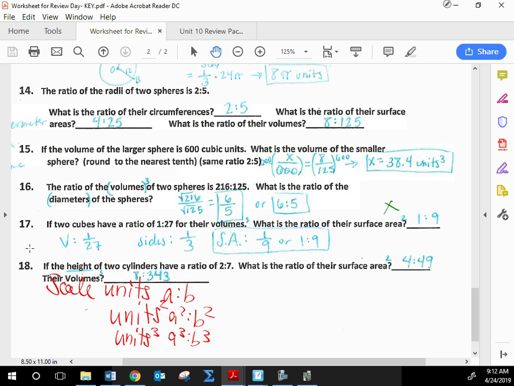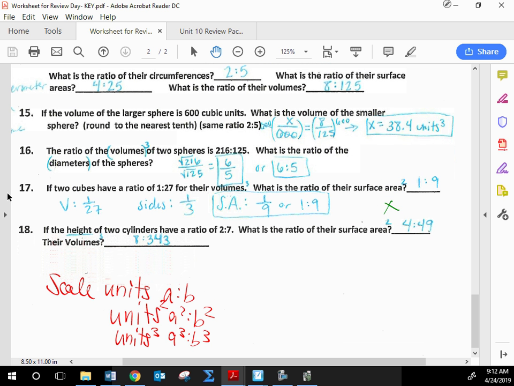Yes. I'm confused about this one. Okay, so they tell us two cubes have a ratio of 1 to 27 for their volumes. What's the ratio of surface areas? Let me break it down here. My volume is measured in units cubed, and they told us the ratio is 1 to 27. So we've got to take it back to units. I cube root each one.